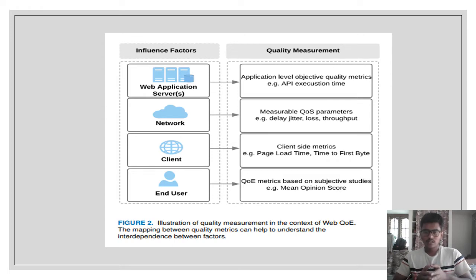For the client side, metrics such as page load time and time to first byte. Coming to the end user, the QoE metrics based on subjective studies, for example, mean opinion score. This is an illustration of the quality measurement in the context of web QoE. The mapping between quality metrics can help to understand the interdependence between the factors.